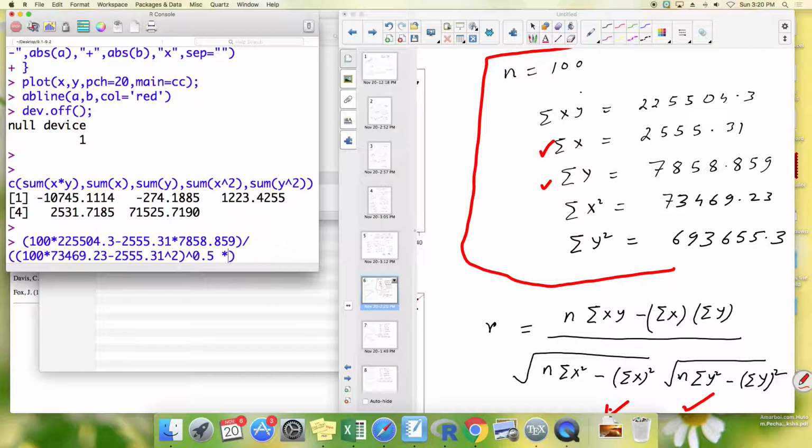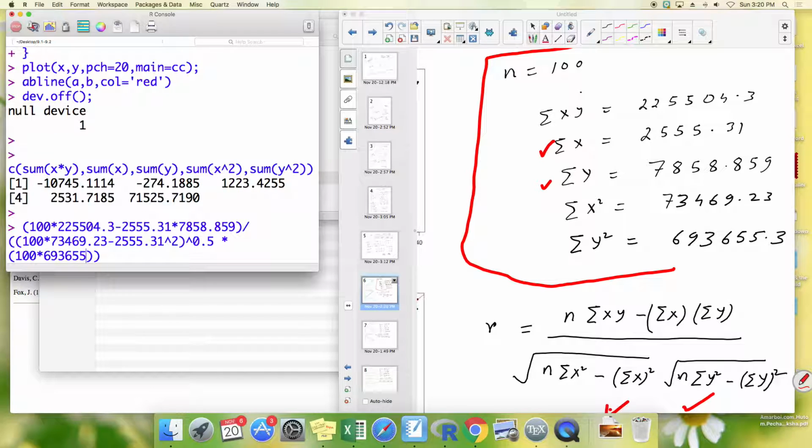So to the power 0.5. This guy times just a similar guy for y. So n times summation y square. So 100 times 693,655.3 minus summation y whole square. That means 7858.859, and then square it.